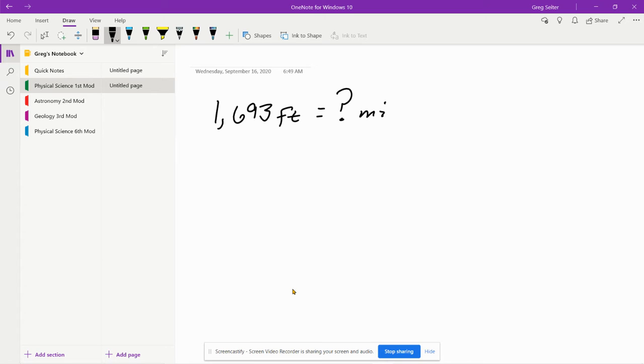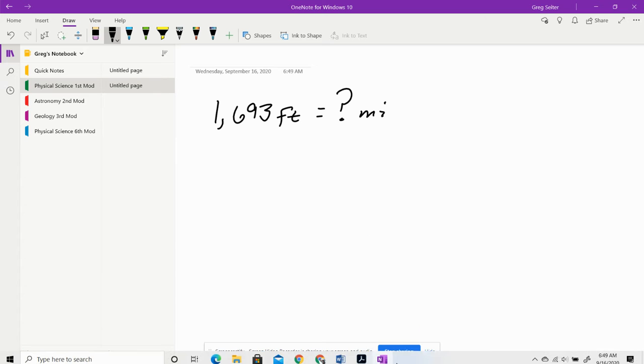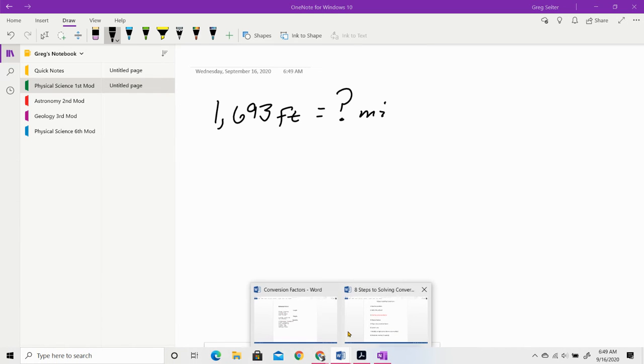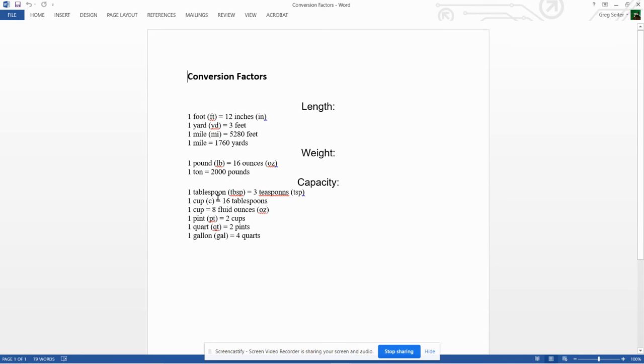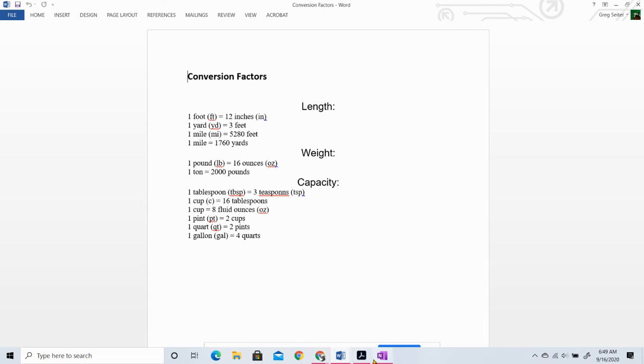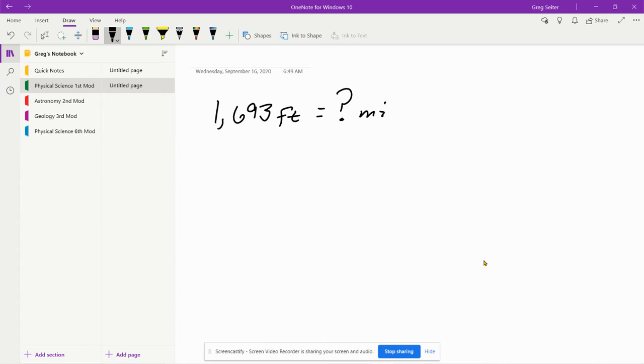Now we've read it, we've written it down, and now we need our conversion factor. 5,280 feet in 1 mile.